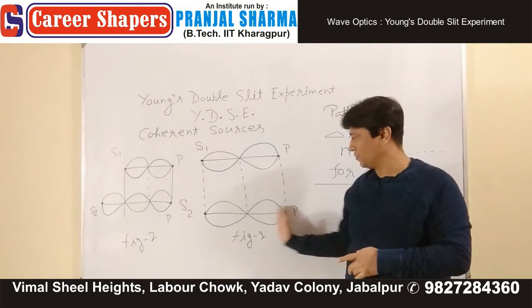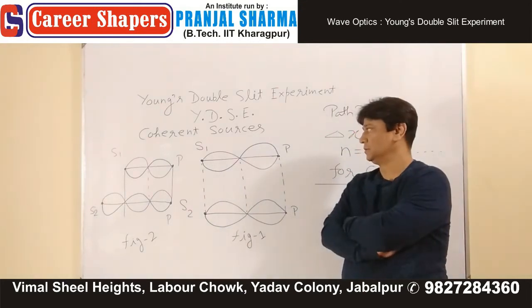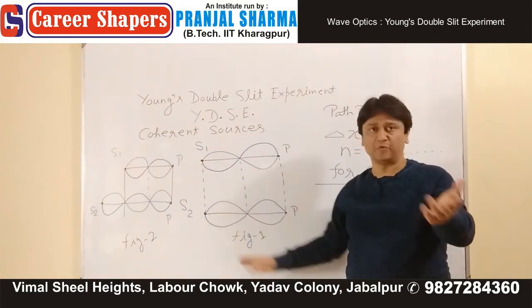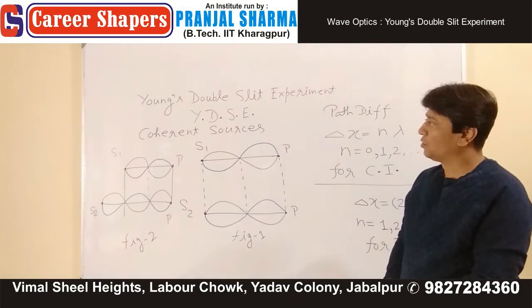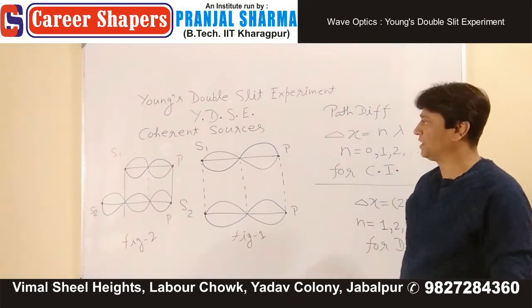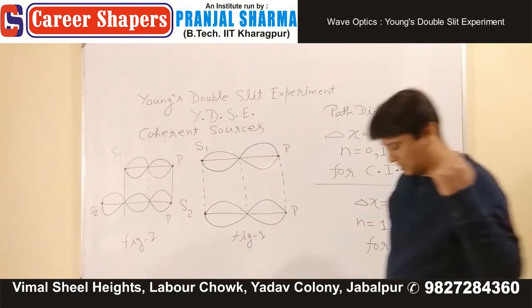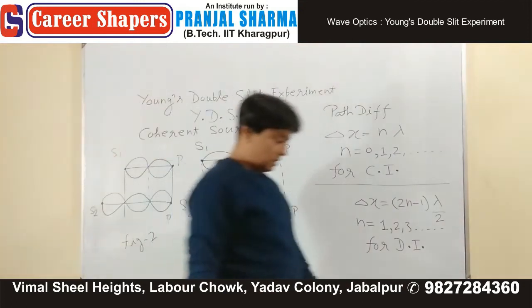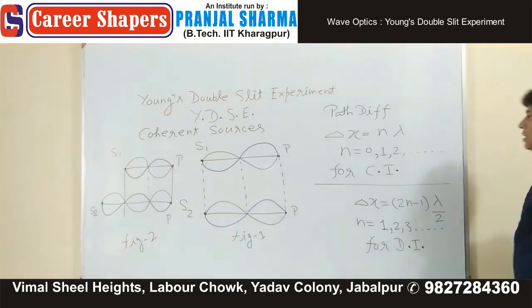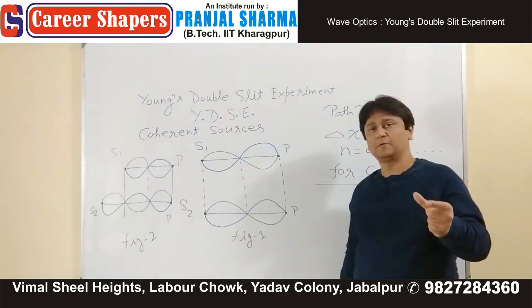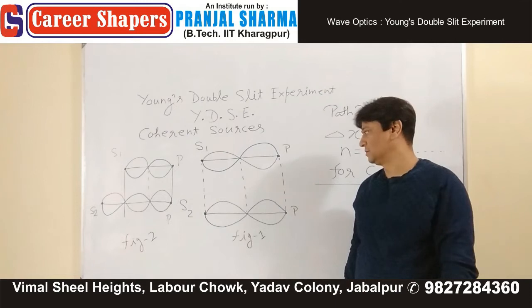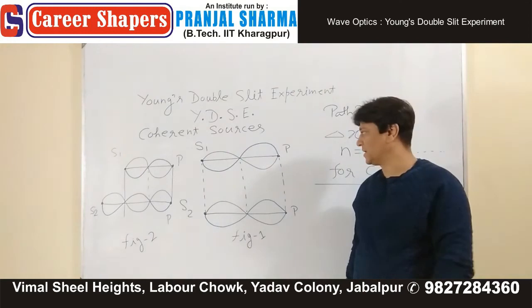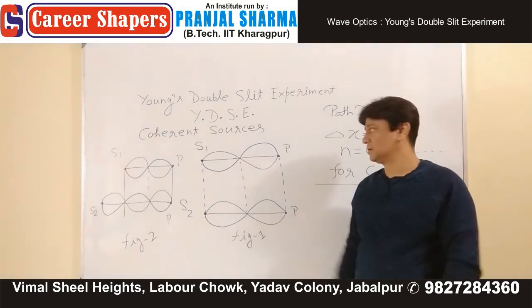What you are looking at here is lambda. So if you have same lambda, you will definitely have same frequency. Coherent sources are those sources which have same frequency and they always maintain a fixed phase difference with each other.